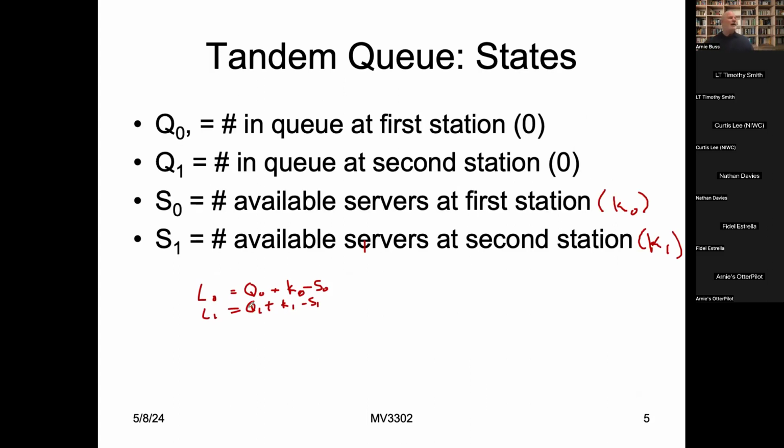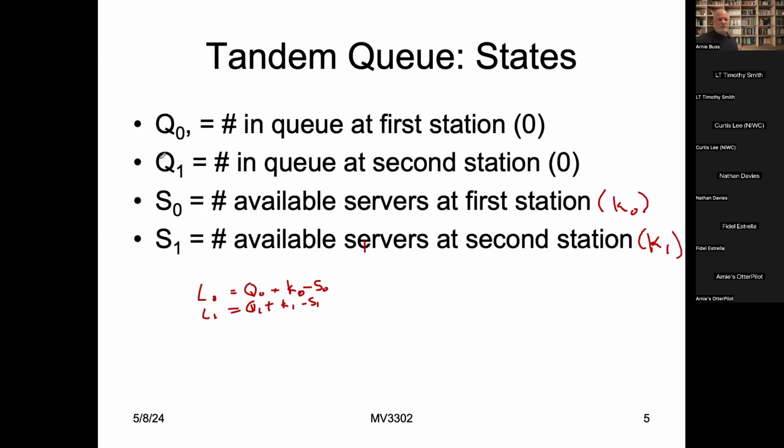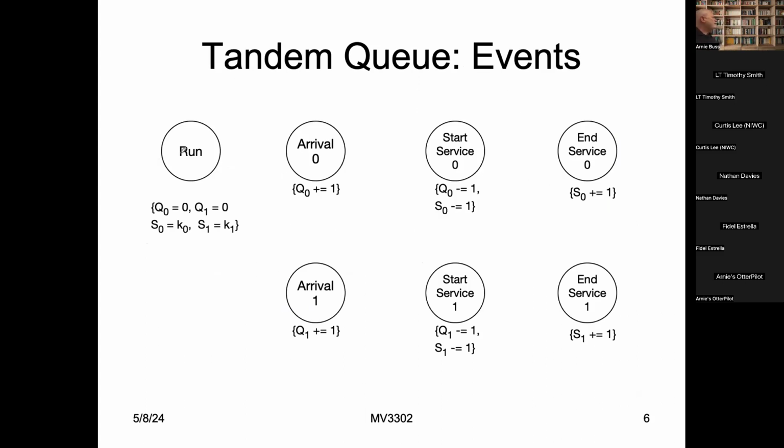Okay, so now, if you remember, last time I went through and did everything by hand. Today I'm going to cheat a little bit because this should be fairly straightforward, but I go through the same process, and I encourage you to do the same thing. We start with the run event, and the run event always begins by initializing our state variables.